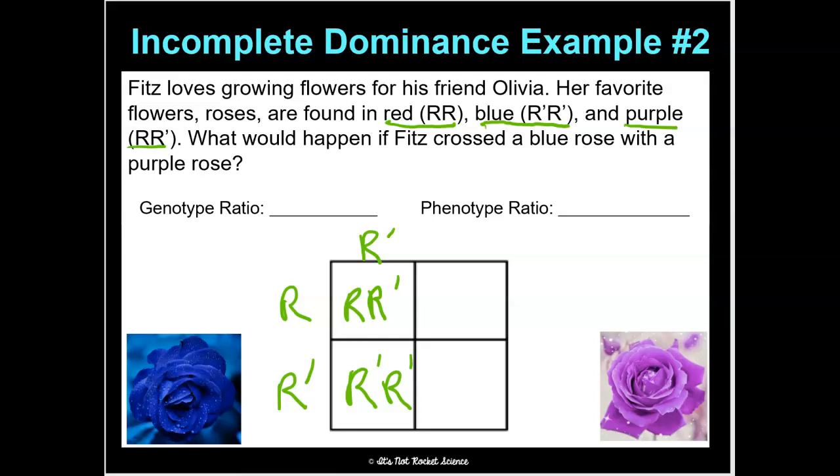So I am going to have 0 of my plain R's to 1 of my heterozygotes to 1 of the homozygous for blue. And that will be the same for my phenotype ratio because this one is going to be purple and this one is going to be blue.